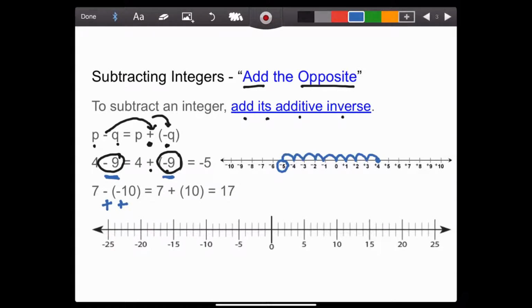If I am at 7, and I have to subtract a negative, it's basically saying I'm doing the opposite of a negative, which is actually adding 10. So I would go 1, 2, 3, 4, 5, 6, 7, 8, 9, 10. So then it is 17.